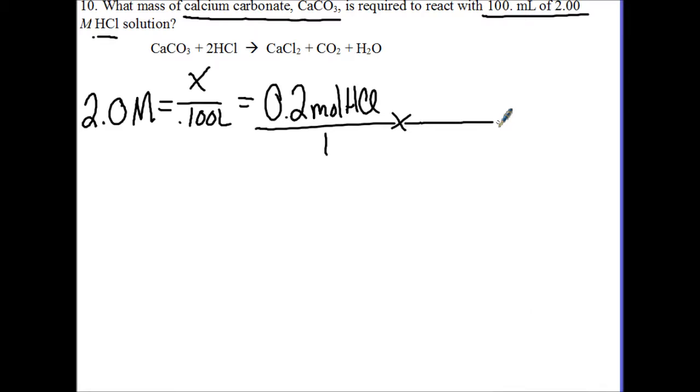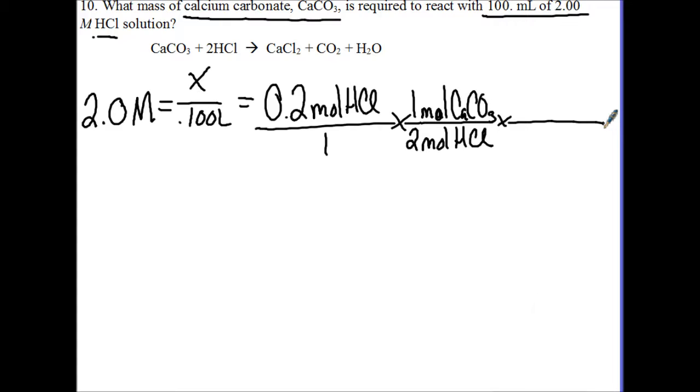And is this a balanced chemical equation? Yes. So for every 2 moles of HCl, I need 1 mole of calcium carbonate. Now I just have to find the mass of calcium carbonate.